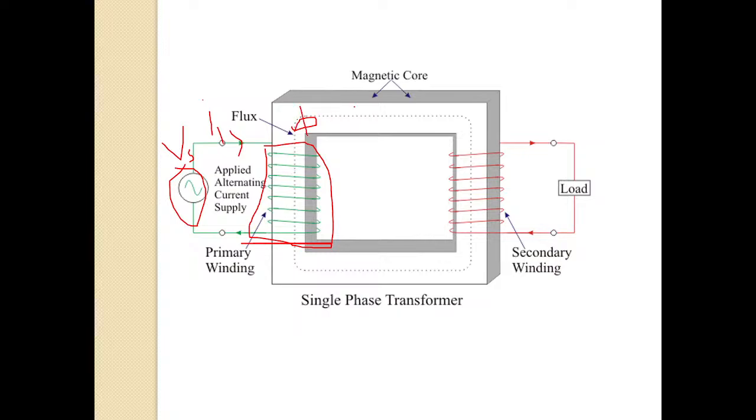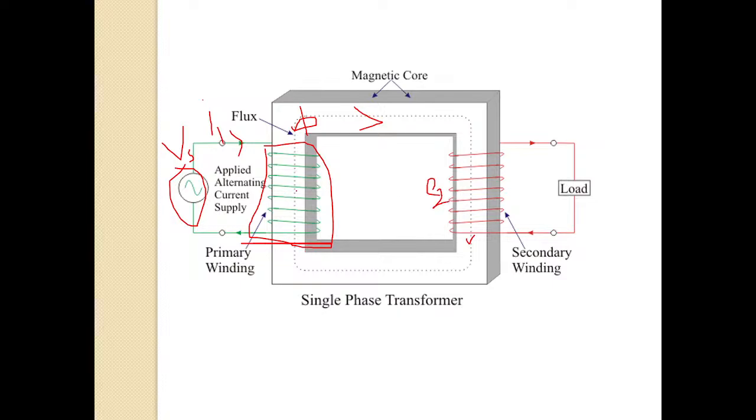you can see here the dotted line, this flux will travel through this core, and it will travel through the other limb. We know when either the magnetic field moves or the coil moves, EMF is induced. So when this flux is traveling through this limb, it cuts this coil. Therefore, voltage is induced, some E2 voltage.